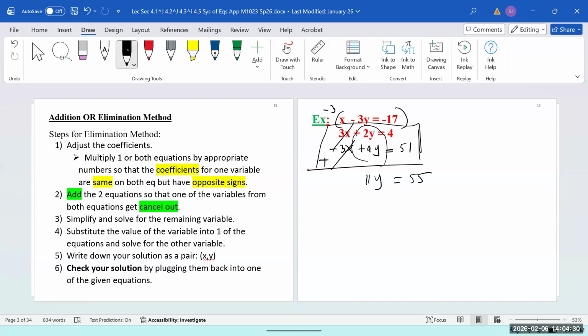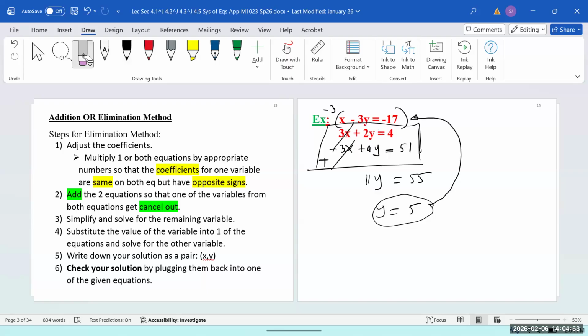Can you solve for y easily? What do you get? y equals 5. See, we can easily solve for one variable. And once you solve for one variable, we're going to substitute into one of these equations to get the other variable. That's 51 plus 4 on the top.